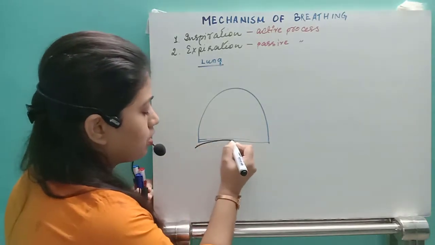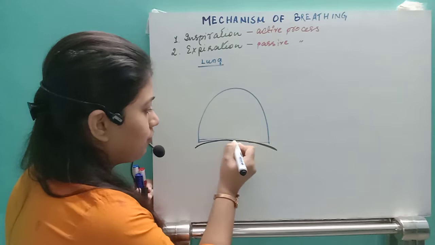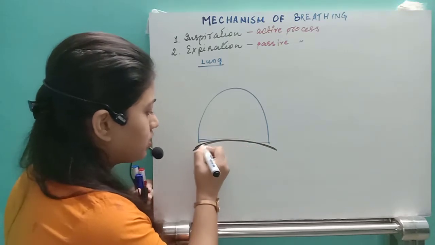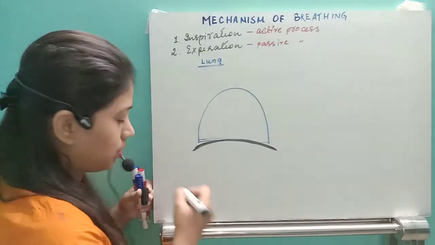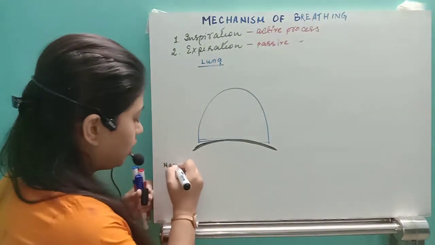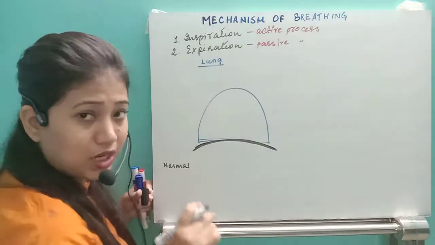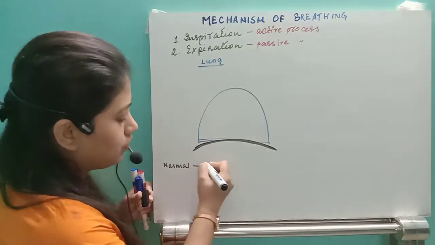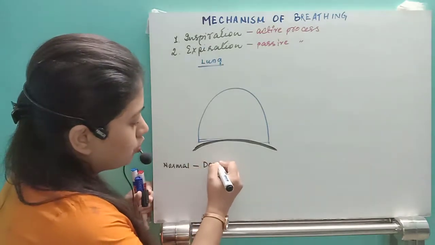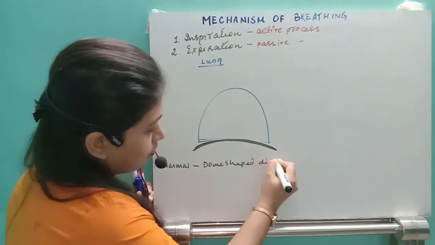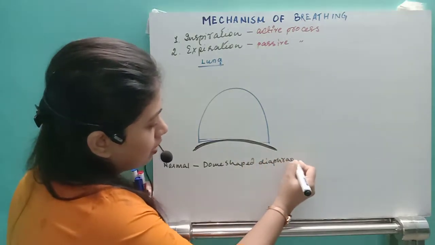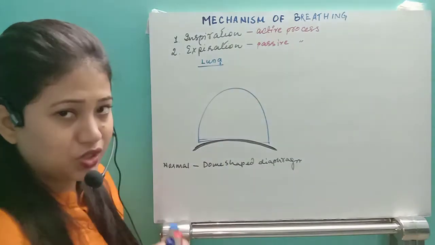This is the diaphragm. The normal shape of the diaphragm is dome shaped. So normally, if there is no inspiration, we have the dome shaped diaphragm.